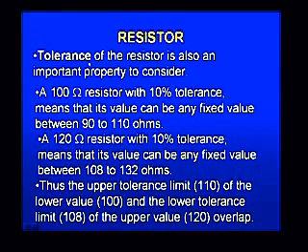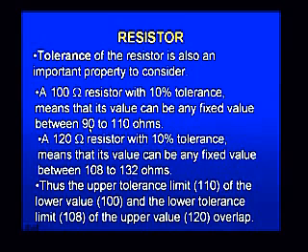Now let me explain a little more about the tolerance. The tolerance of the resistor is also a very important property to consider in different applications. For example, a 100 ohm resistor with a 10% tolerance means that its value can be any value between 90 to 110 ohms, 10% this way or that way of 100 ohms.